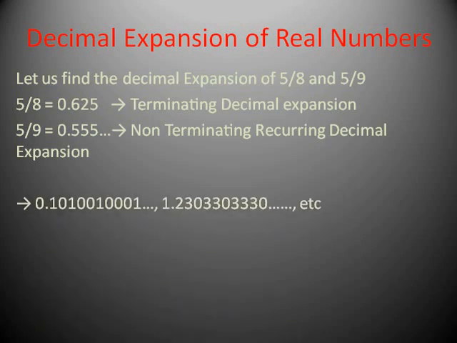Now let's see the numbers 0.101001 0001 and so on. So here neither the decimal terminates with finite number nor the decimal part is repeating. So such type of decimal expansion are called as non-terminating, non-recurring decimal expansion.